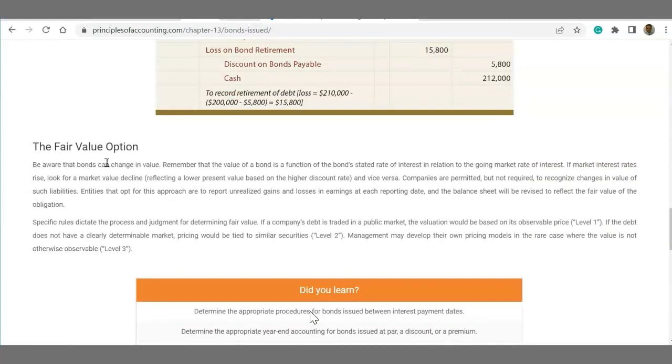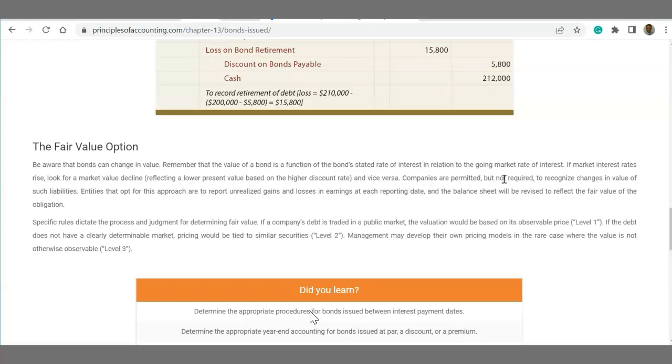Here it says, be aware that bonds can change in value. Remember that the value of a bond is a function of the bond's stated rate of interest in relation to the going market interest rate. If market interest rate rises, look for a market value decline, reflecting a lower present value based on the higher discount rate. So if the market interest rate is going up, then the present value will change and vice versa.